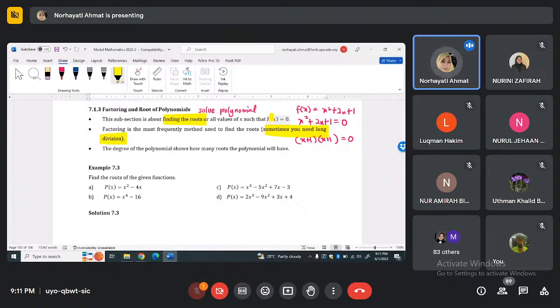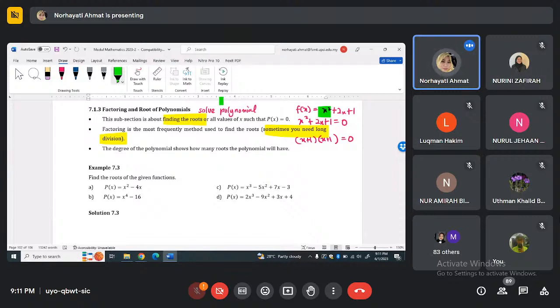Okay, the degree of the polynomial shows how many roots the polynomial will have. Macam kita ada quadratic function. So quadratic function, the degree is 2. So we know at most the root of this polynomial is 2.